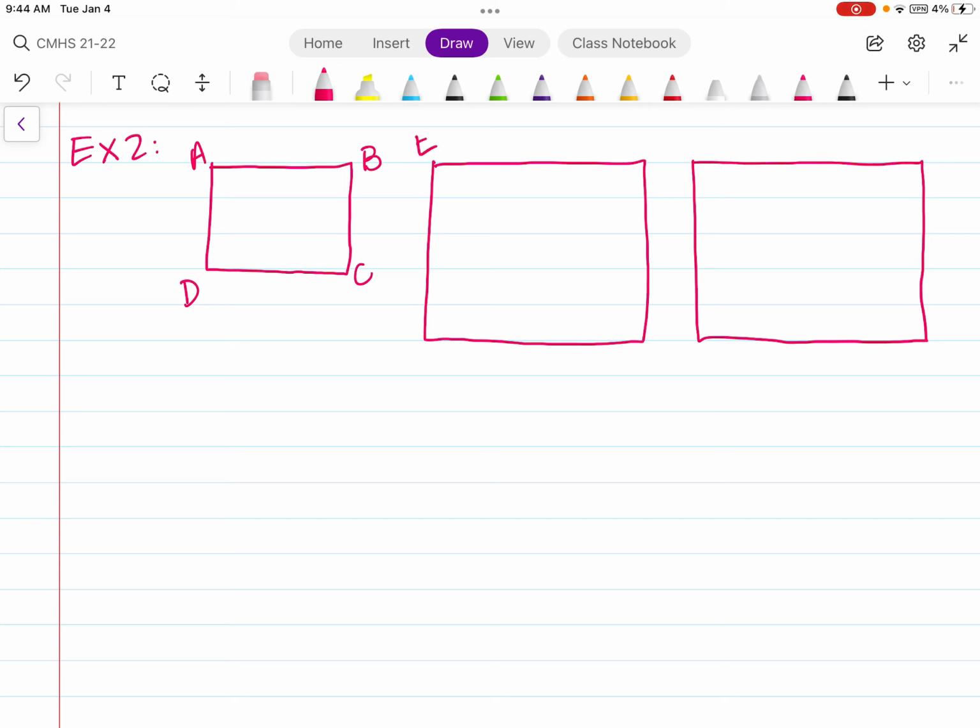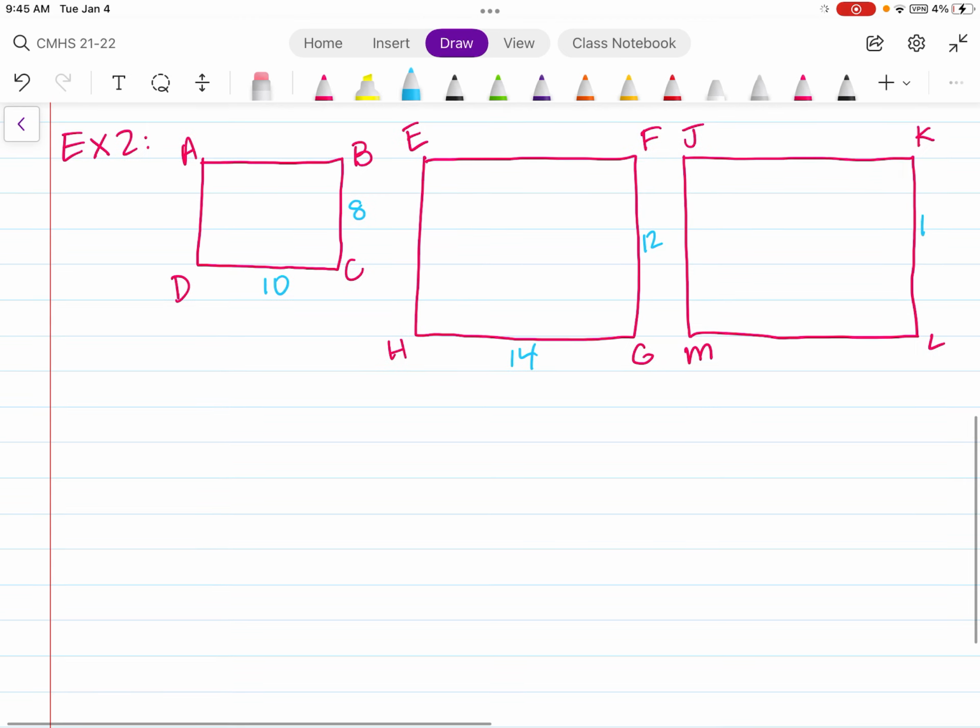First one is E, F, G, H. And second one is J, K, L, M. And we're going to label, and then I'll give you the directions of what to do with these. This one is 8 and 10. And obviously this is a rectangle, so the other ones are going to be 8 and 10 as well. But I'm not going to label those. This one's 12 and 14. And this one is 12 and 15.